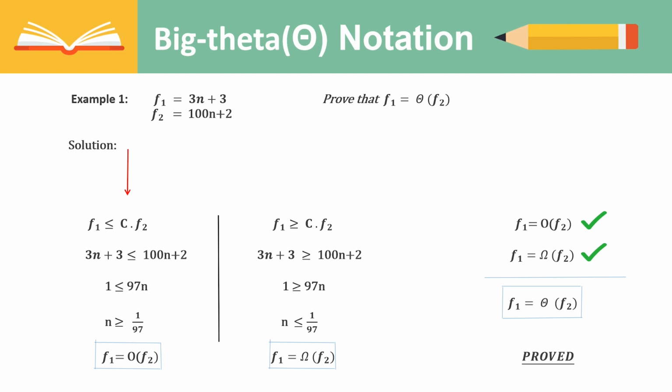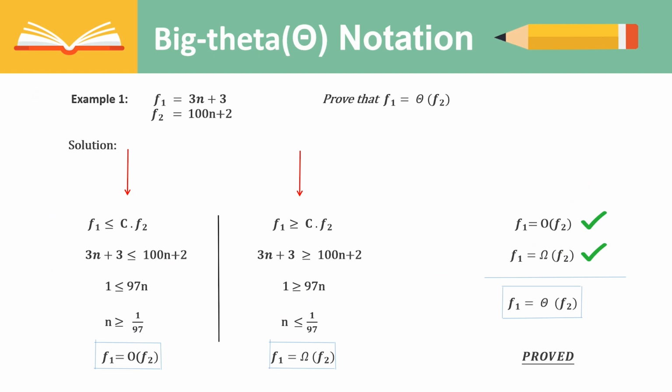When f1 is equal to big O of f2, then f1 is less than or equal to constant into f2. Now putting the values of f1 and f2, we get 3n plus 3 is less than or equal to 100n plus 2. By solving this equation, we got n is greater than or equal to 1 by 97. Therefore, f1 is equal to big O of f2 is true. On the other hand, when f1 is equal to big omega of f2, f1 is greater than or equal to constant into f2.